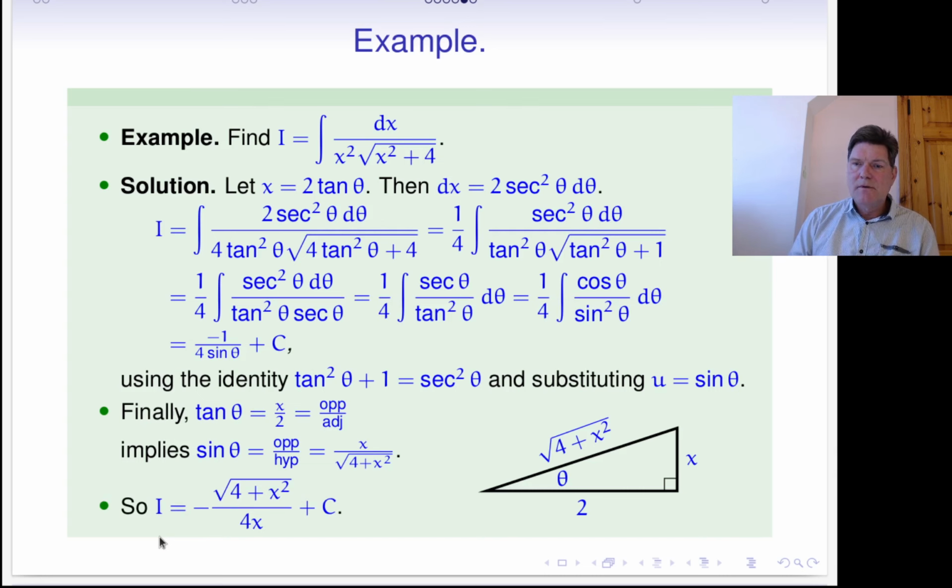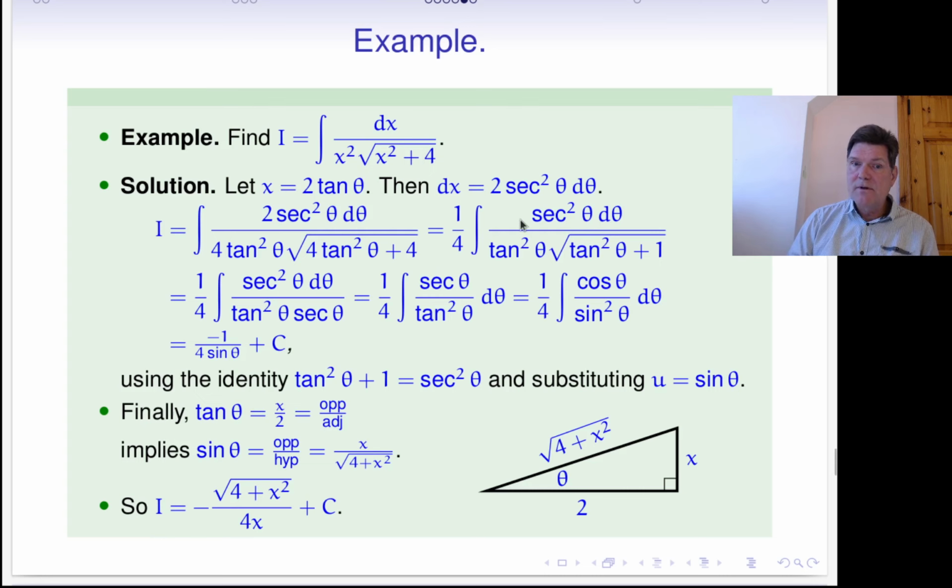And then I think this example shows how what looks like a process that makes things more complicated, this inverse substitution, expressing x in terms of a further variable theta, doesn't in fact make things more complicated.